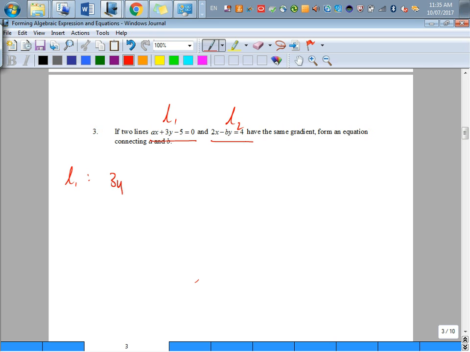So I have 3y equals to negative ax plus 5. This is from equation line number 1. And y is equals to negative a over 3 x plus 5 over 3. So from here, we can see that this is my gradient, negative a over 3.